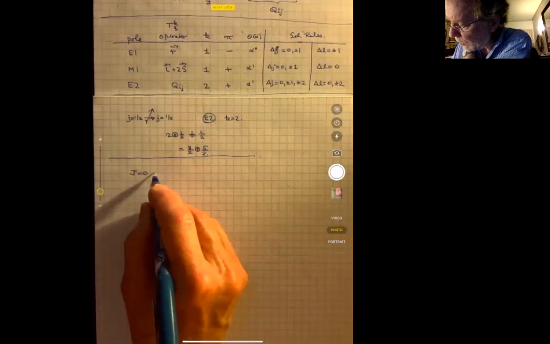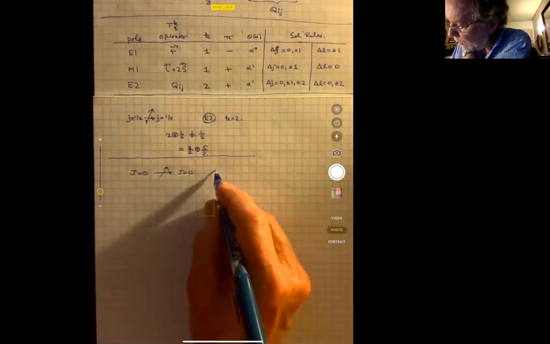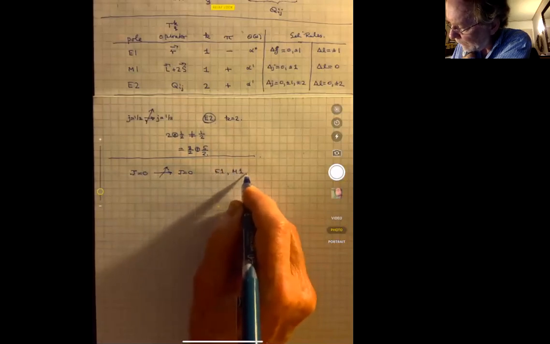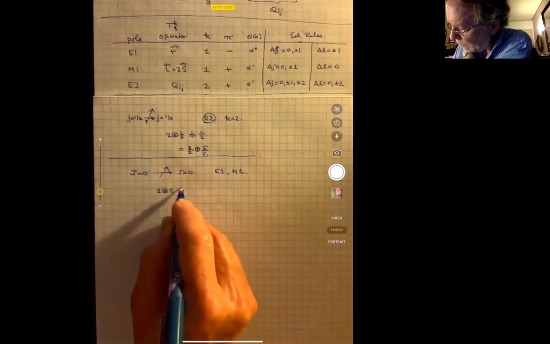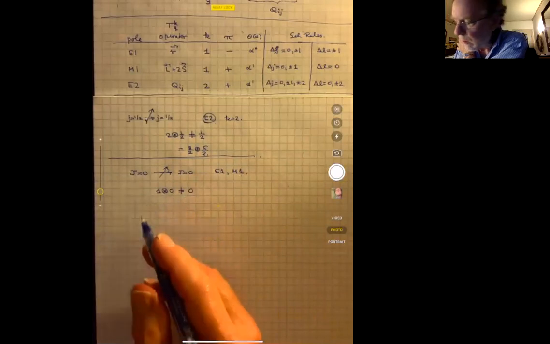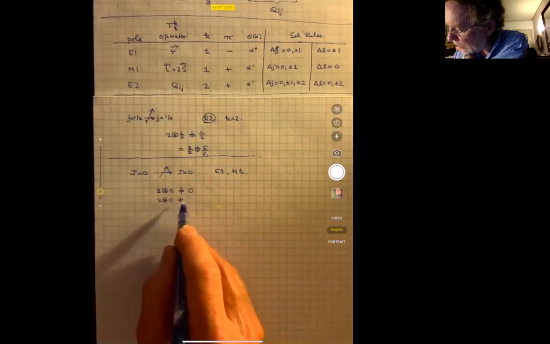For example, J equals 0 going to J equals 0 is not allowed for either an electric dipole or a magnetic dipole transition. The reason is that 1 crossed with 0 does not equal 0. You can't reach 0 by crossing 1 with 0, you see. Actually, this applies also to 2 crossed with 0 and so on. This is also not equal to 0.